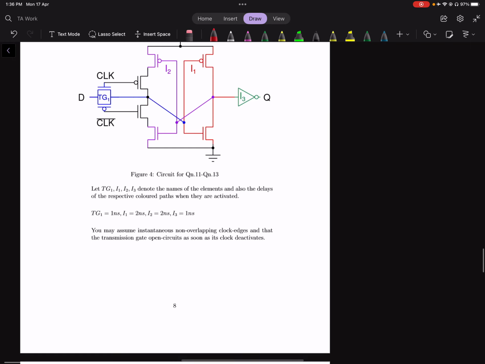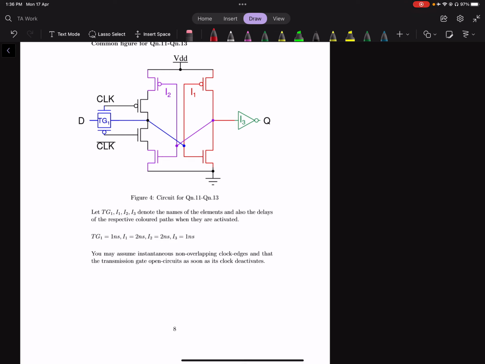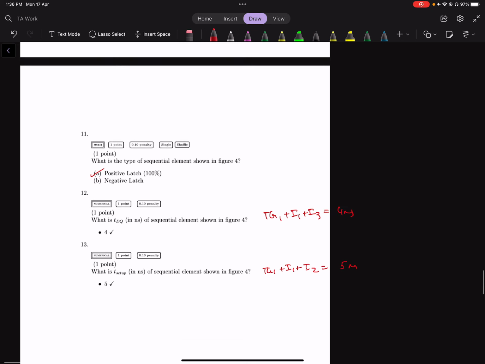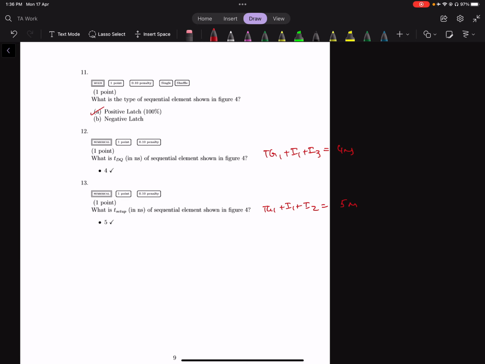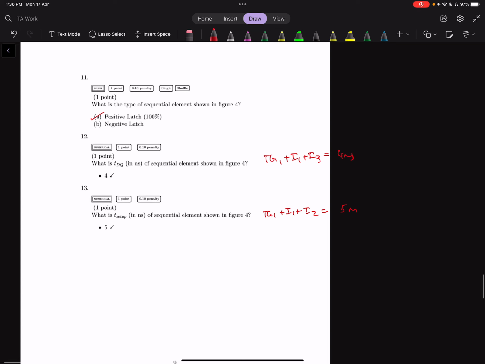Given what I have just said about what will break and what will open for the different phases of clock, I think it's fairly straightforward to understand why it's a positive latch. So I will leave this to the reader. What is the TTQ of the sequential element?